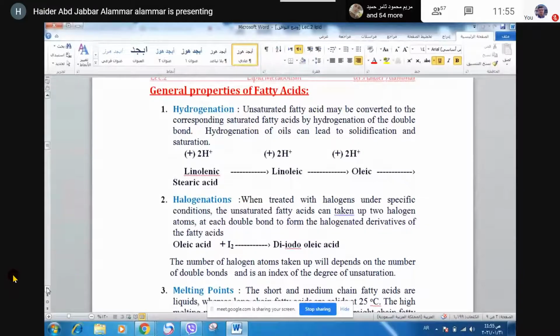If there are two double bonds, it will take up four halogens, because each double bond takes two halogens. If three, it will take up six. So this is regarded as an index of the degree of unsaturation.